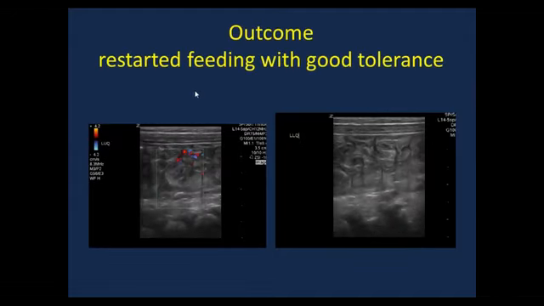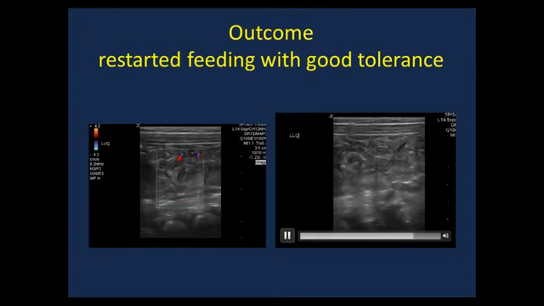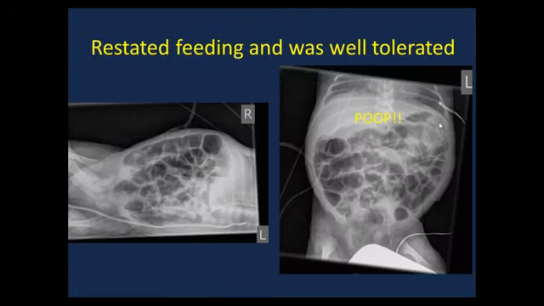So we restarted feeding with good tolerance. This area of concern was just stools, and you have air bubbles in the stool which make the area appear like pneumatosis. That's not true pneumatosis.